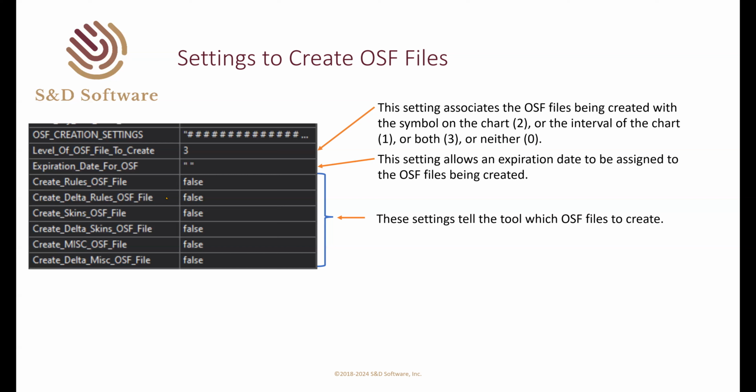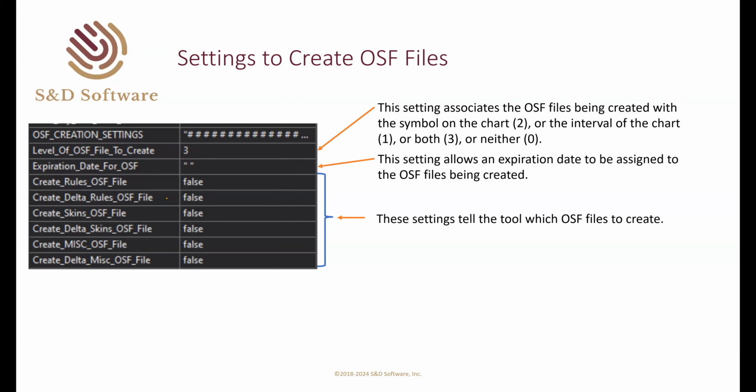You're not going to be loading any OSF files. You're going to go in, you're going to make your changes manually through the customize indicator dialog. And then you'll go and create the OSF files, and you'll turn on the create delta option. And then you'll get an OSF file that contains just the manual changes you made. And so you can control exactly what goes into that delta OSF file.